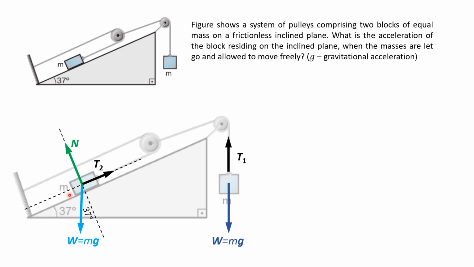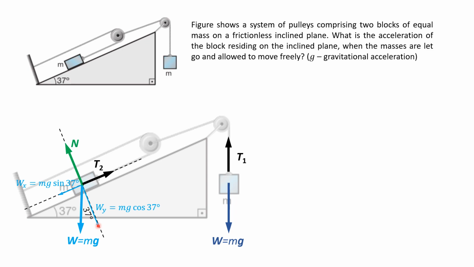Now, we're just gonna draw x and y components of the weight, and we will express them through this angle. You might ask, why cosine 37 and why sine 37? Well, it's straightforward. Think of this as a right triangle, so this is a hypotenuse, this is an adjacent leg, and if I translate this to this side, this is going to be the opposite leg.